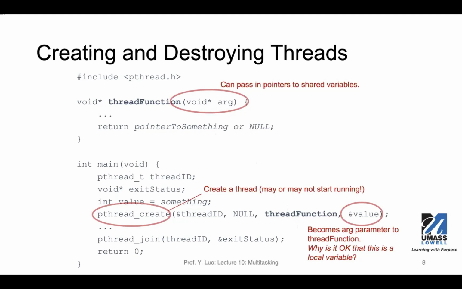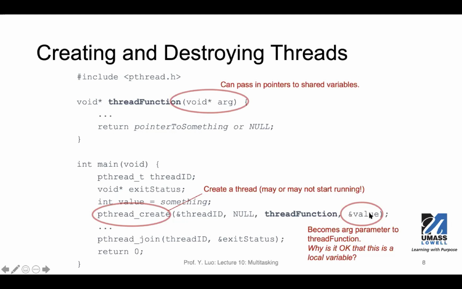If you remember, last time we talked about static variables and local variables. Local variables are allocated on the stack of a function, and that space will be deallocated, released, when the function returns. So in this case, we use value, which is a local variable of the main function, and we pass in the pointer to that variable.